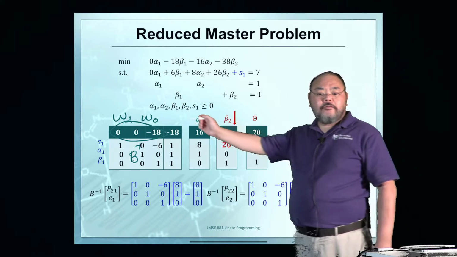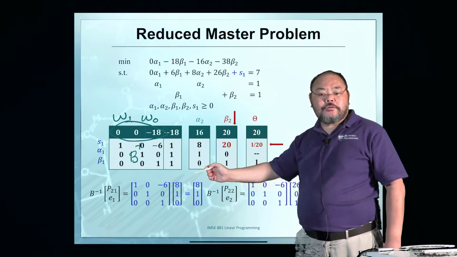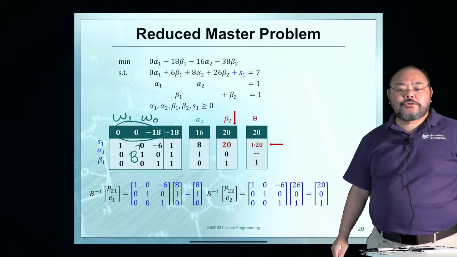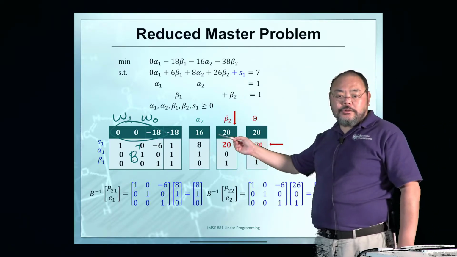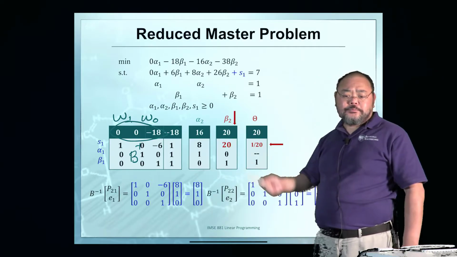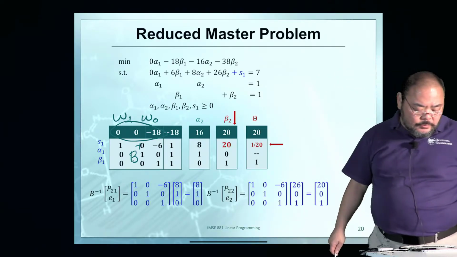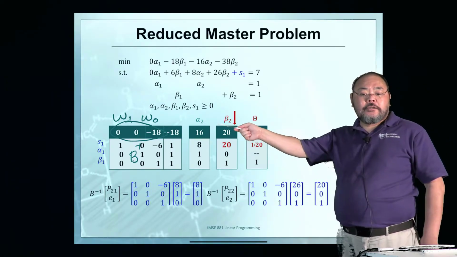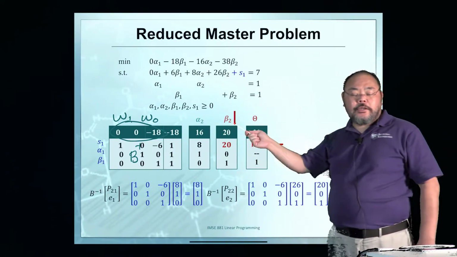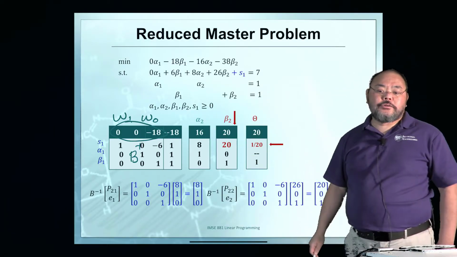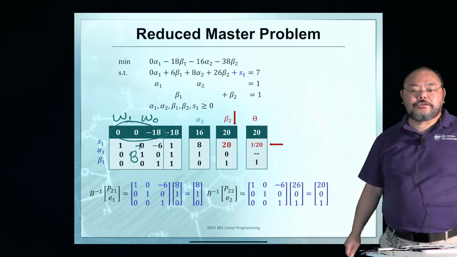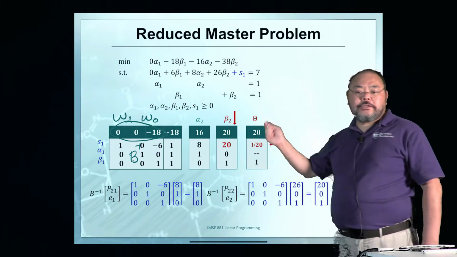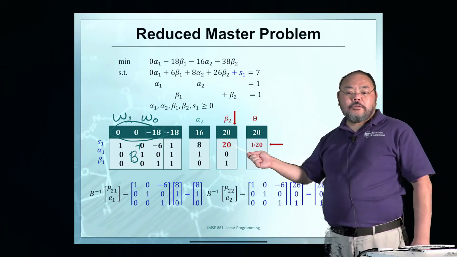Now we could have alpha 2 or beta 2 come into the basis. Which one to choose? Of course, we choose the bigger one. Between 16 and 20, I choose beta 2 first as entering. Then we can perform the minimum ratio test on the last column. What do we do?